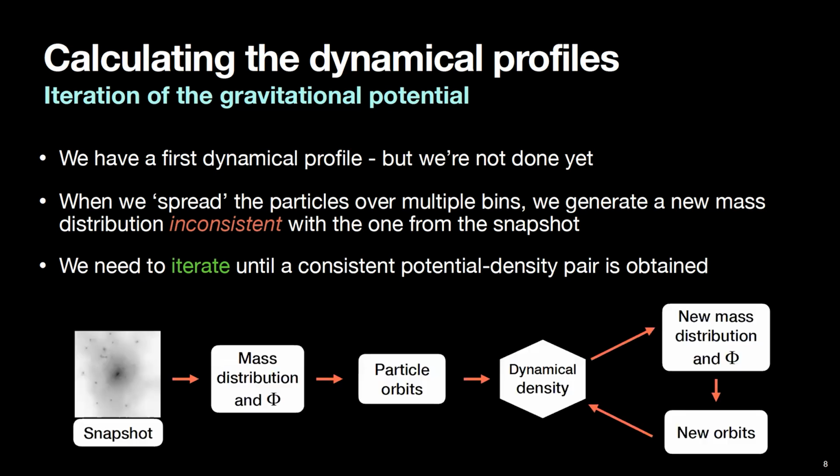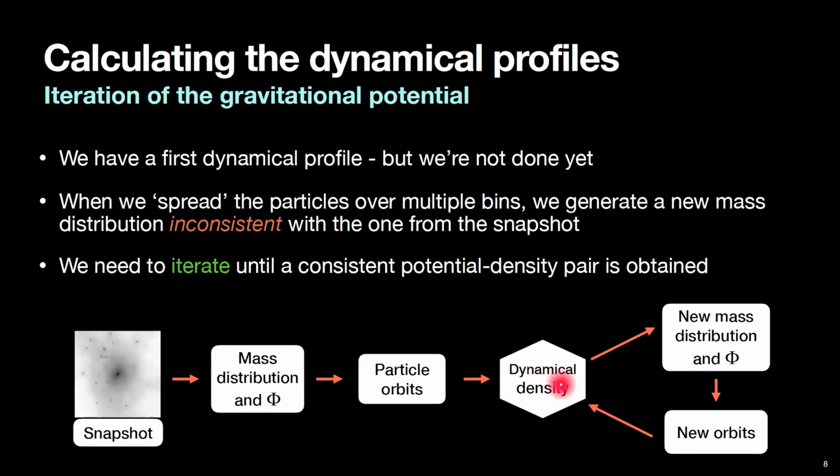To understand this a bit more in practice, I made this flowchart. This is our entire method. We start from our snapshot, which is direct from the simulation. Then we find the mass distribution and potential from the original snapshot. Then we calculate the particle orbits within the potential given by the snapshot, and we have our first estimate of the dynamical density profile.